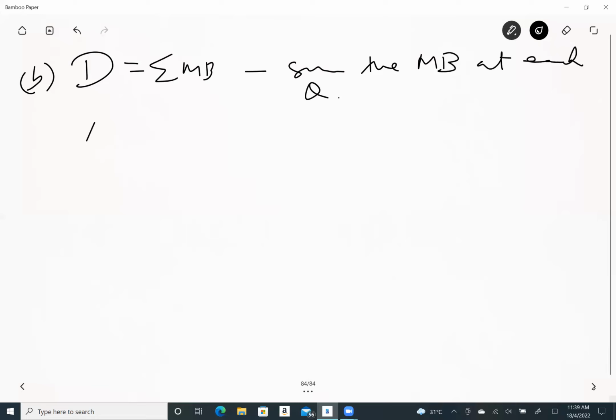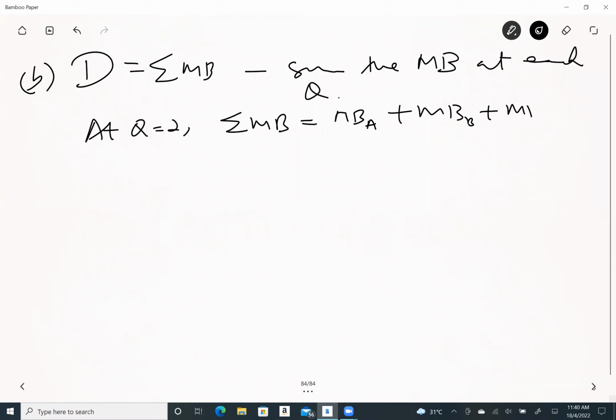So here, at Q equal to 2, you add the marginal benefit of A plus marginal benefit B plus marginal benefit C plus marginal benefit D. So that will be equal to, putting in the numbers, 800 plus everything, you will get 1,000. Okay, so that is part B.